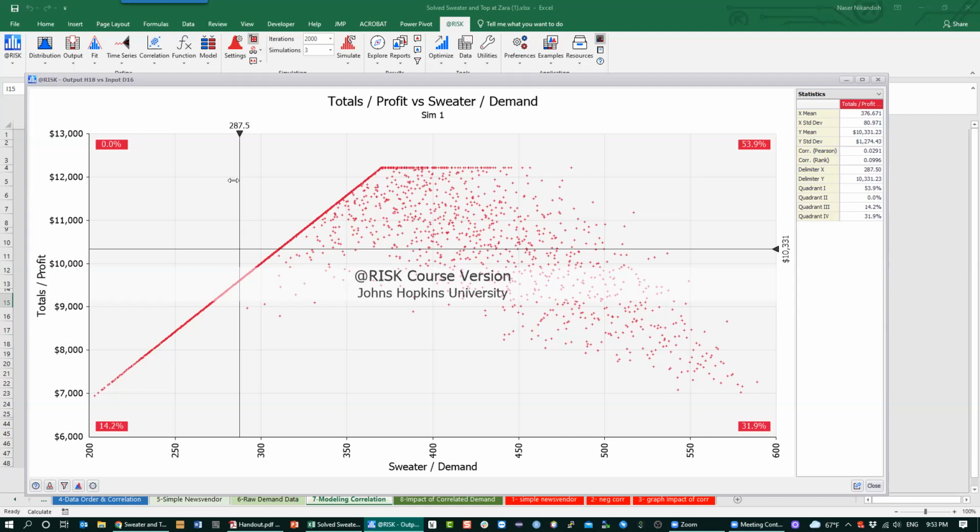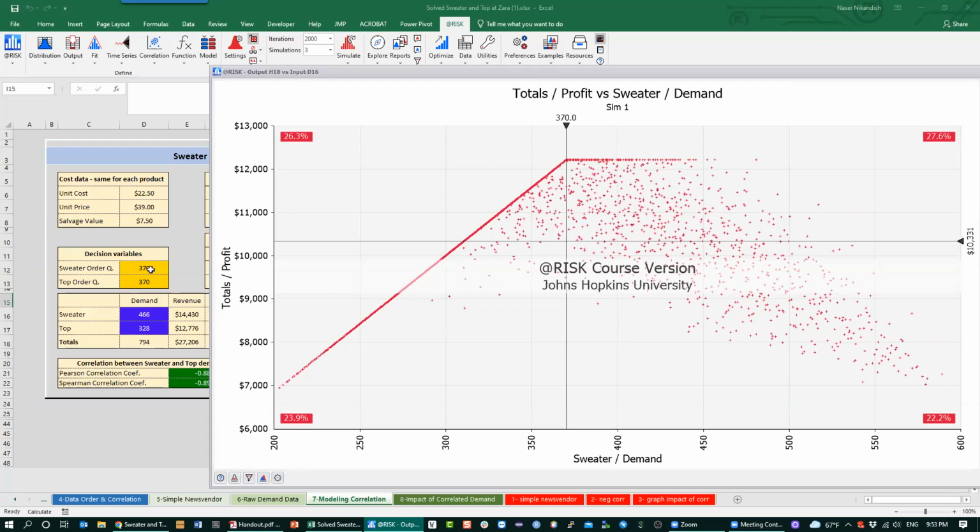And let's look at this side, from here all the way to the breaking point. In this part, demand for sweater keeps going up. I'm still selling some units of sweater at salvage value because demand for sweater is still below 370.